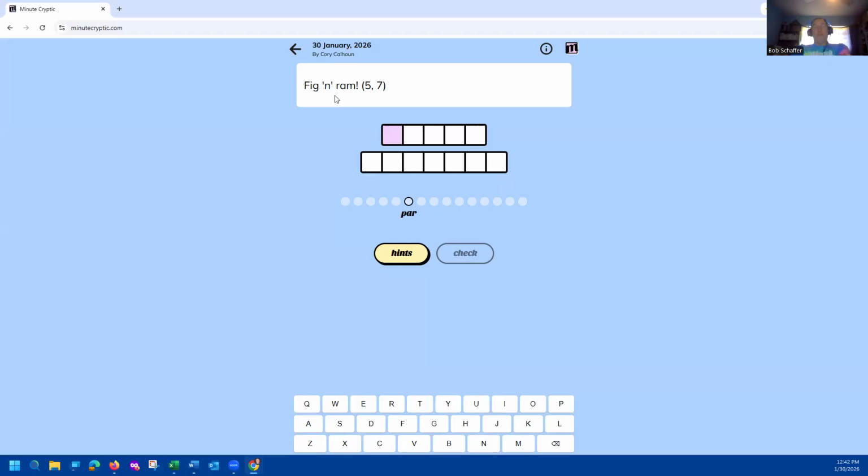I am just stuck wondering how those two things go together. I mean, if this is an &lit, which it may not be, but I think it is, what entity is being described by a fig in Ram?